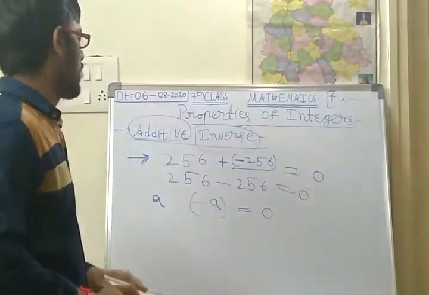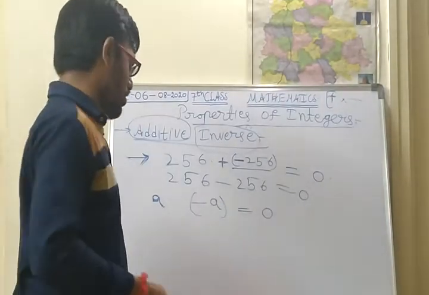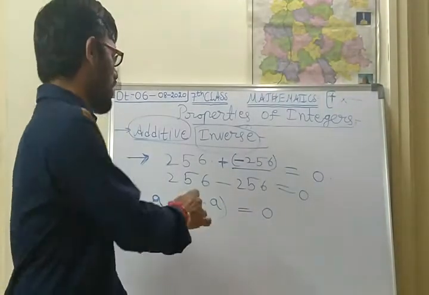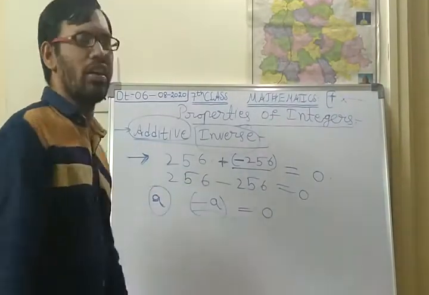That is the statement of additive inverse. Every time there exists a negative integer for whatever integer you have taken.